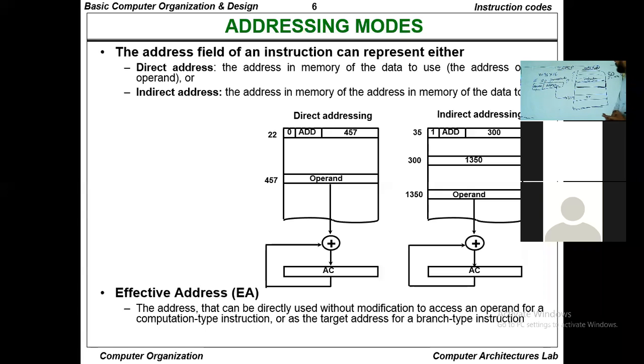Third case is if the second part of the instruction is the address of the memory and here suppose 1, 2, 3, 4 is the memory address and at this location we have another memory address. Suppose this is 3, 4, 5, here the operand is present. So what does it mean? This is called indirect.